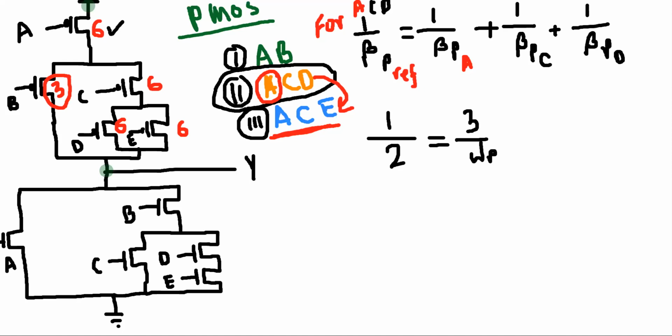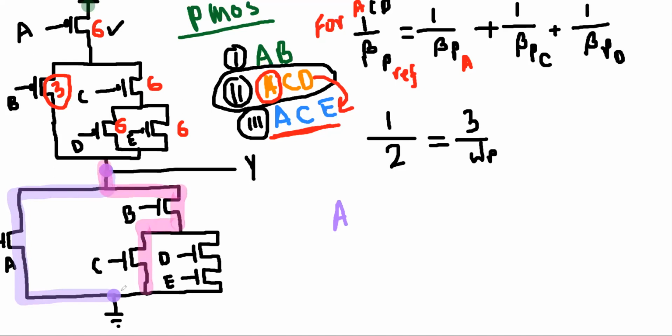Now, go to the NMOS, everyone. Look at how many paths you have. From this point to this point, how many paths do you have? A, 1 path. So I can write A. Next, BC.